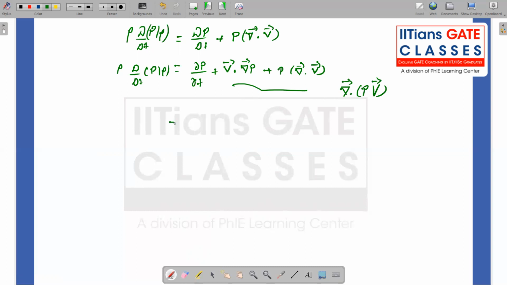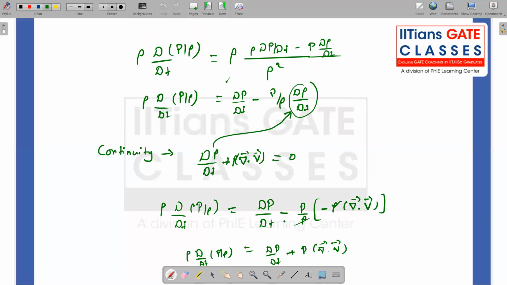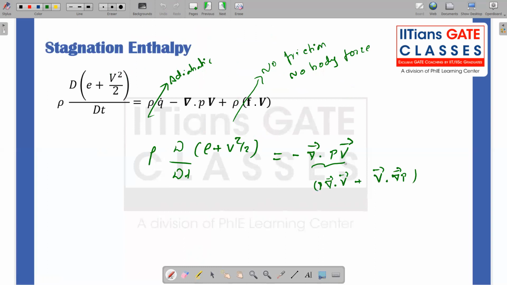So I can write this as equal to ∂P/∂t plus divergence of pressure times velocity vector, equal to the left hand side rho D/Dt of (P/rho). Let me call this equation 2, and I have my equation 1, which is my energy equation itself.